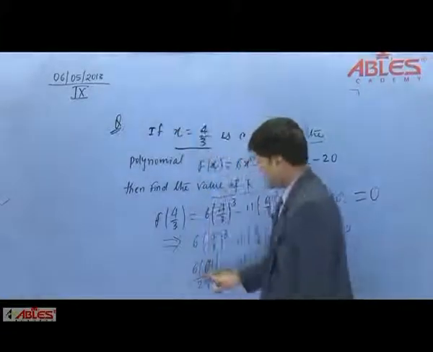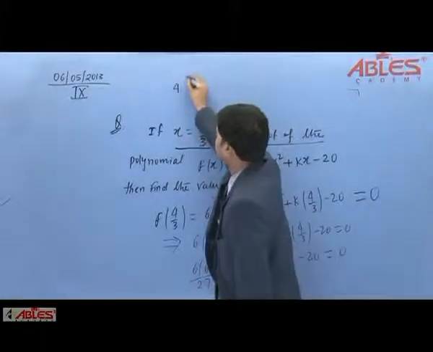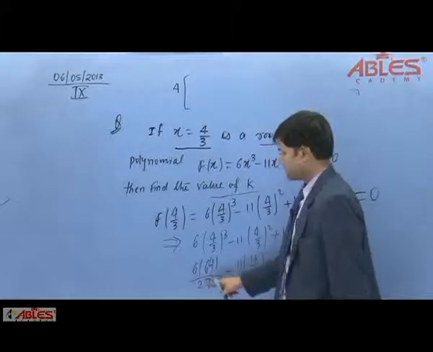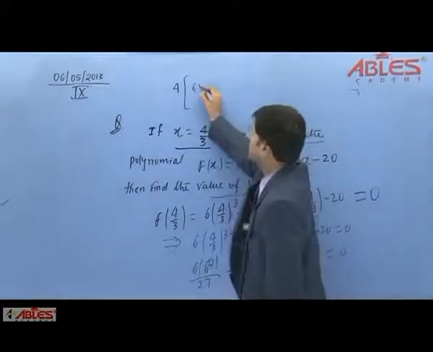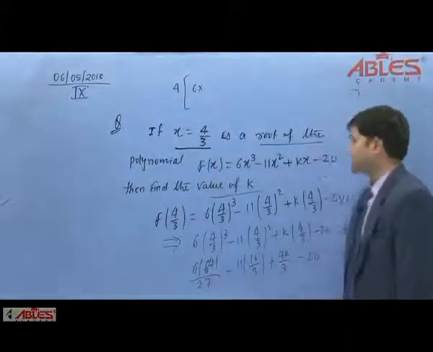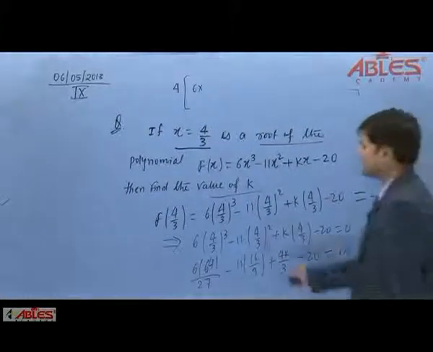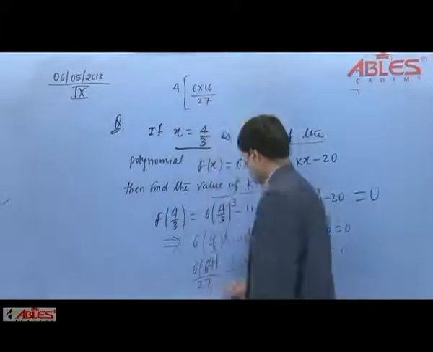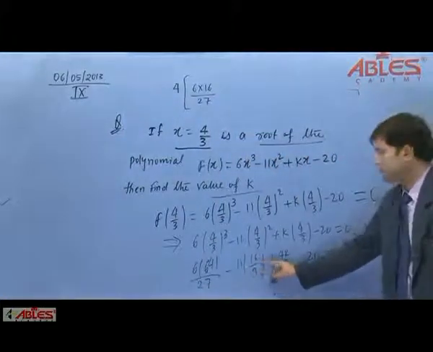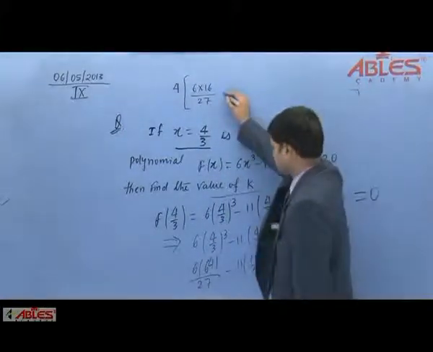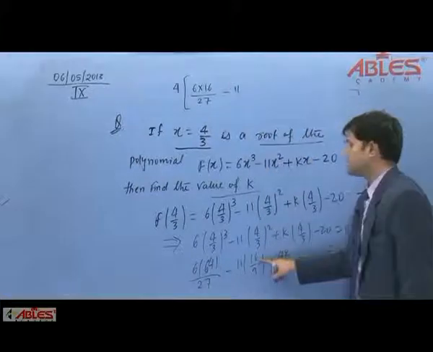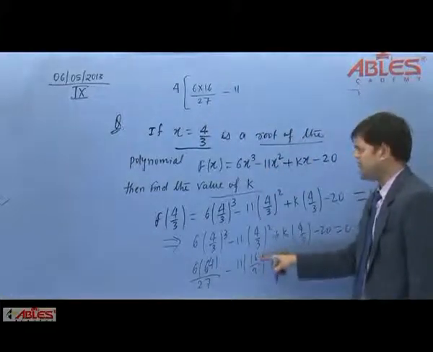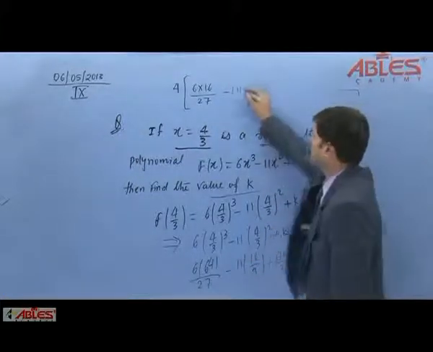So see, if you take 4 common, what will we get then? This is 6 into 64, and after taking 4 common we get 16 upon 27. In the next step, if you take 4 common, you get minus 11, and this 16 is 4 into 4, so we get 4 here.